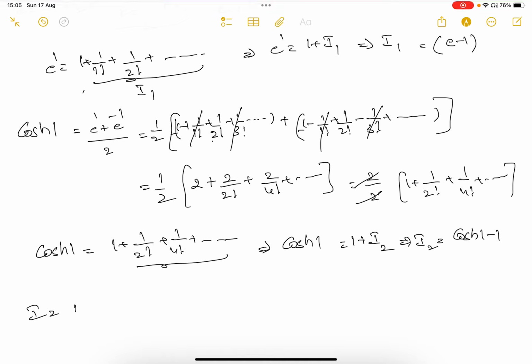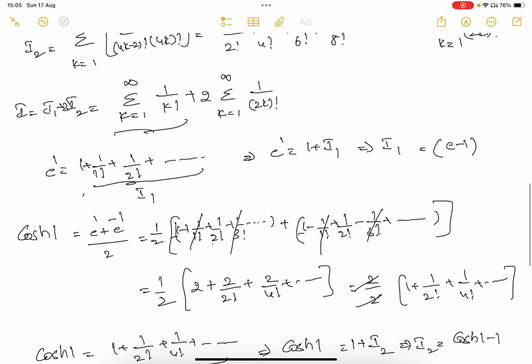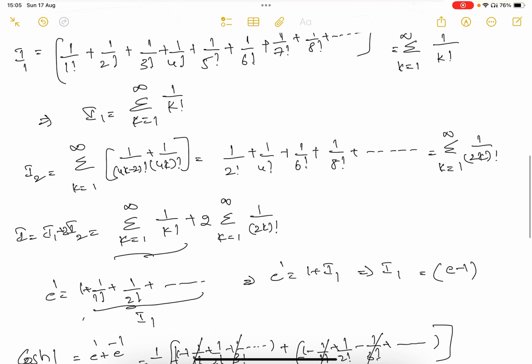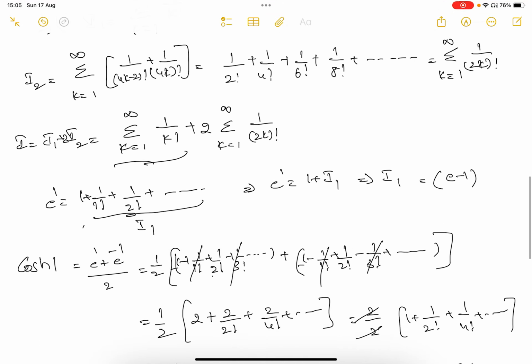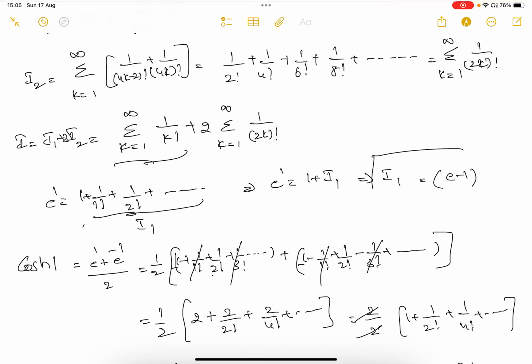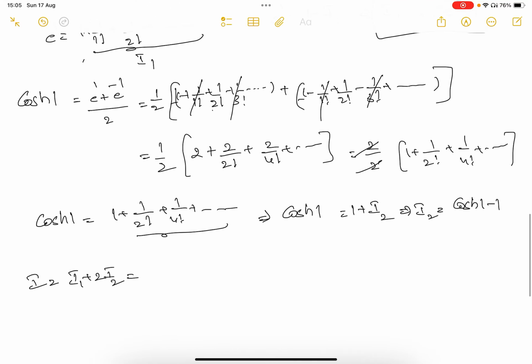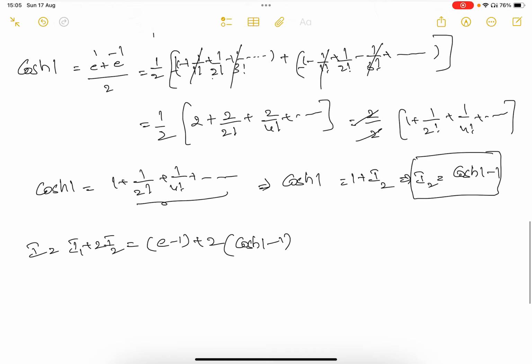So I is I1 plus 2 I2. That is I1 is e minus 1, right? Plus 2 times I2, which is cosh 1 minus 1.